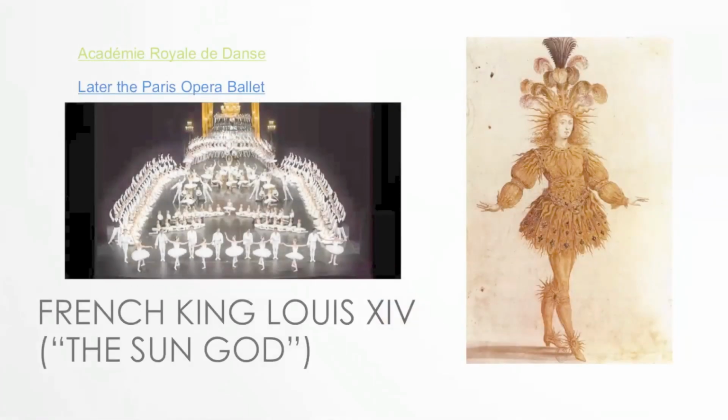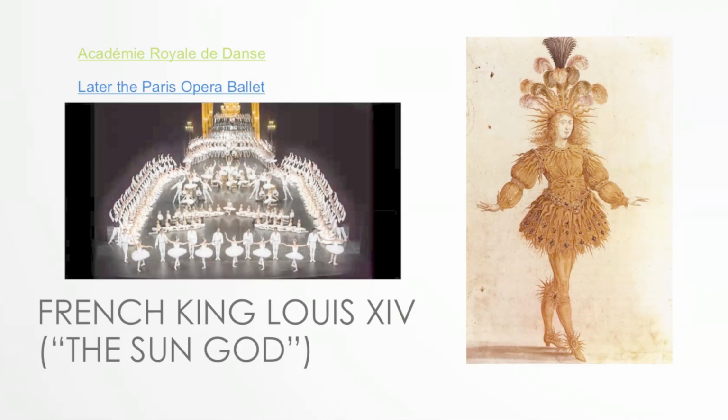And then later on, it was not until Louis XIV, the King of France, he was just so obsessed with ballet. He was the advocate and the champion for ballet. And here he is on the right with this lavish costume, posing as a sun god. It's a ballet that he created, and it lasted for hours.